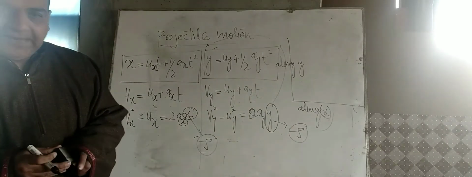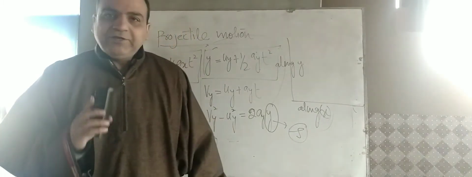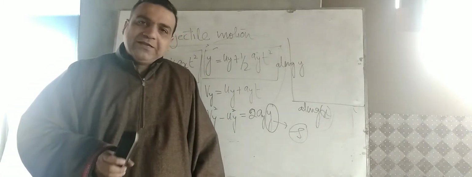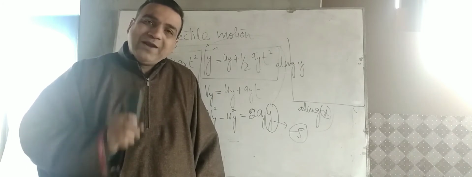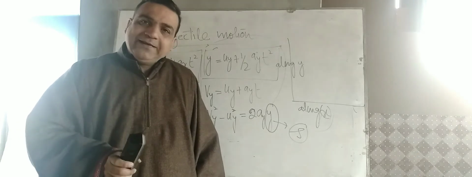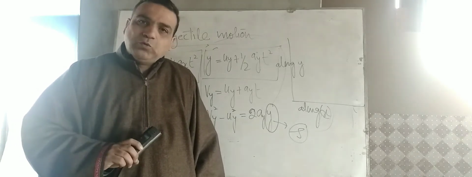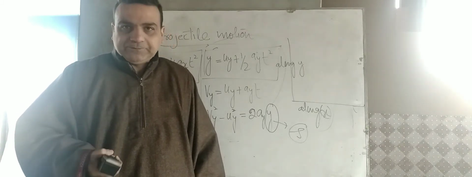So one point is clear here, that when we talk about two-dimensional motion, it is always equivalent to two one-dimensional motions. And in case of two-dimensional motion, both x as well as y coordinates change.